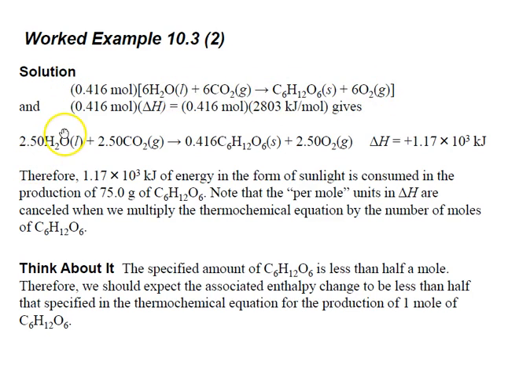So it'll be 2.5 parts water, 2.5 parts carbon dioxide, 0.416 parts of glucose, and 2.5 parts of molecular oxygen. What this means is that this value, the 1.17 times 10 to the 3 kilojoules of energy in the form of sunlight, is consumed in the production of 75 grams of glucose. Note that the per mole units in enthalpy are canceled when we multiply the thermochemical equation by the number of moles of glucose.